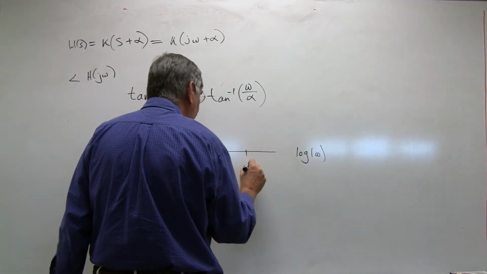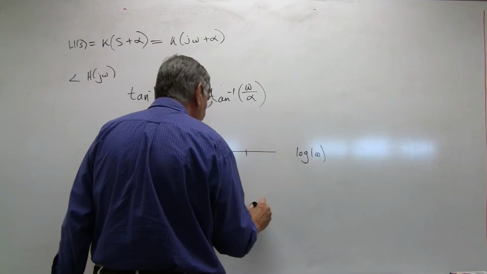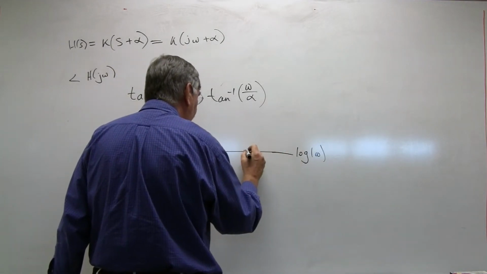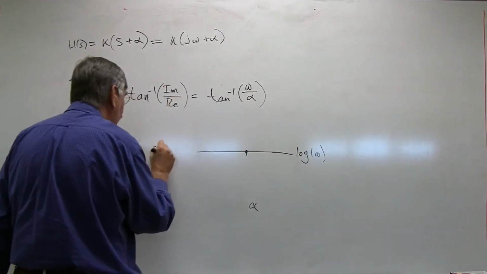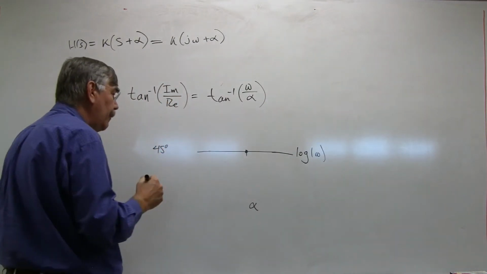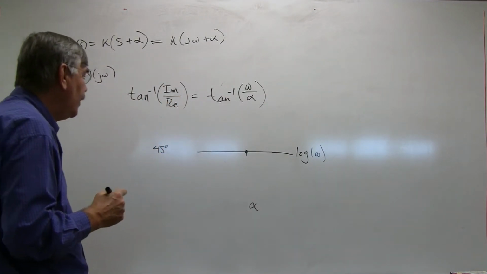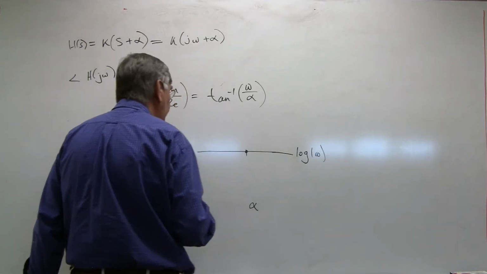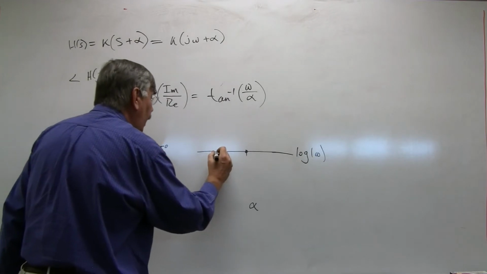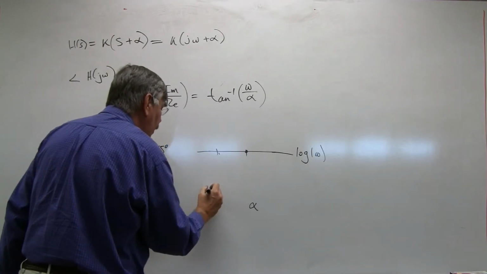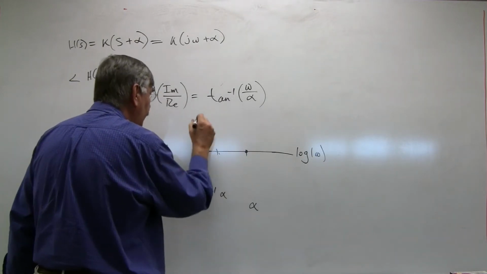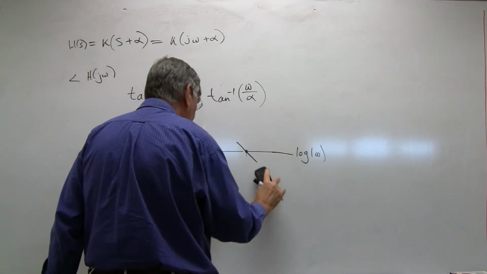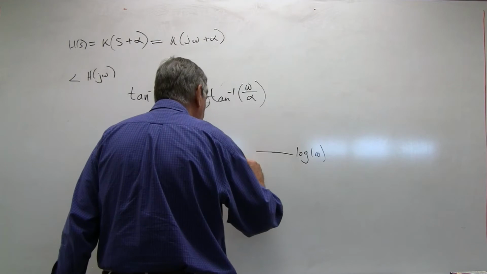And here's how we do the phase plot. If we say at alpha, it turns out that this thing is going to be 45 degrees, pi over 4. Then our approximation is going to be, if we go to 0.1 or 1/10 alpha, then this thing is going to come by with a positive slope.